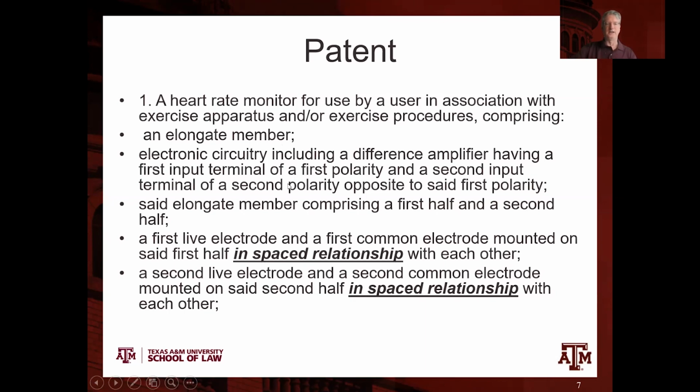And so there are various things included in here, and we're looking at the last two elements. And these are not all the elements. And so we have our live electrode and the common electrode, and they're mounted on one side or the other. So we have two sets of these in spaced relationship with each other. There's some gap between the live electrode and the common electrode.